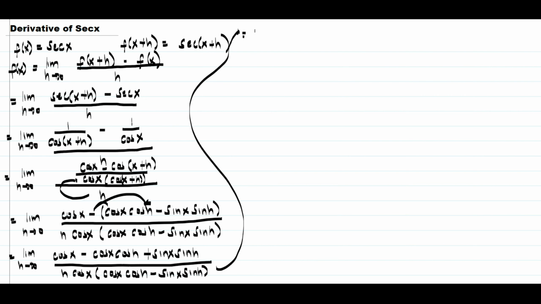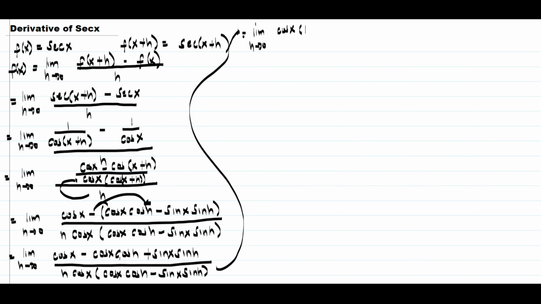So we have the limit as h approaches 0. Since we have cosine x in common, let us factor this. Let us have cosine x as the factor. Cosine x divided by cosine x is 1.